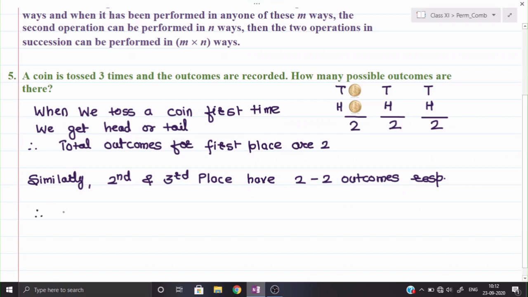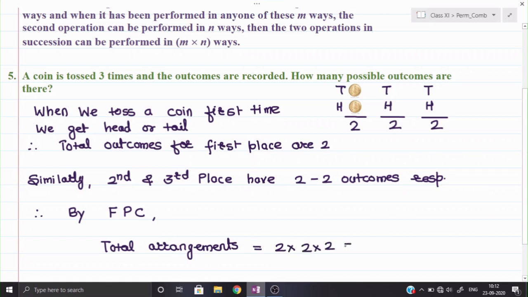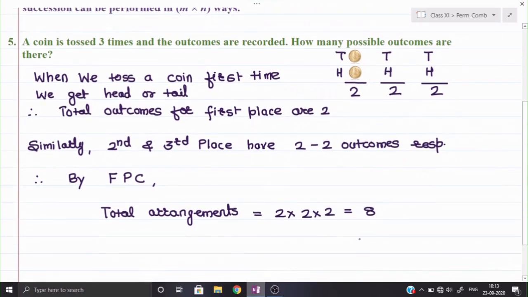Therefore, by the fundamental principle of counting, total arrangements would be 2 into 2 into 2, that will be equal to 8. So total arrangements we got here is 8.